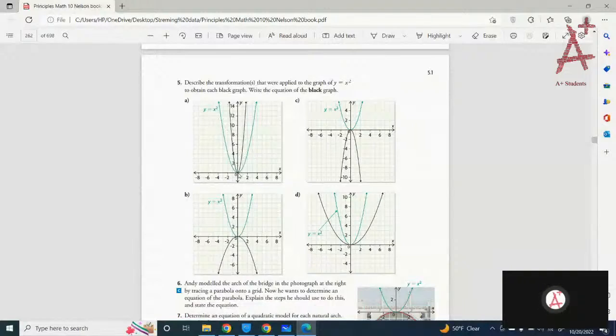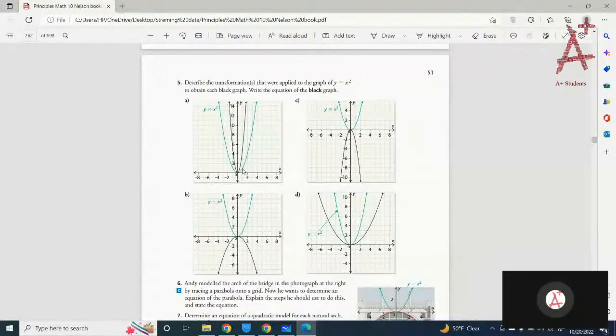Got it? Okay. So the point 1, 1. Let's see if we have a point on the graph where x is 1 and y is 1. This is the point 1, 1. For the green, this is the point 1, 1.